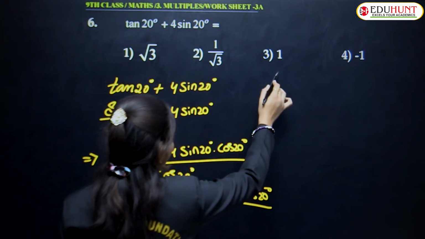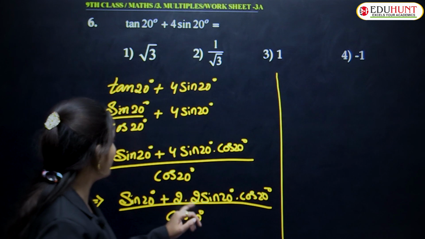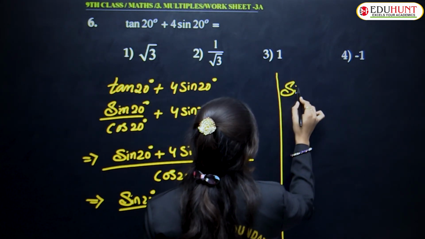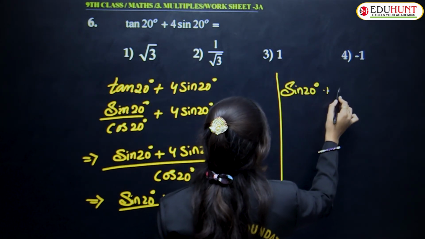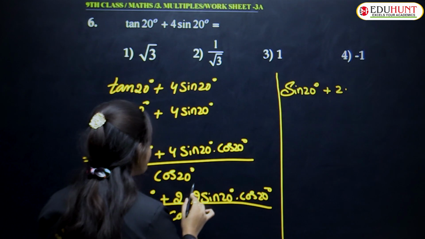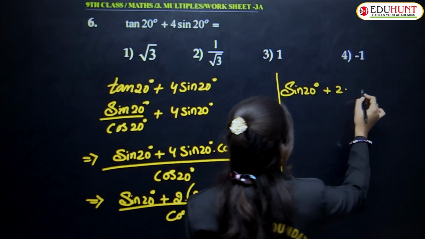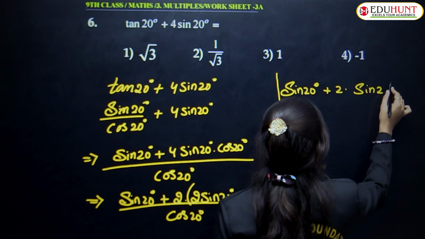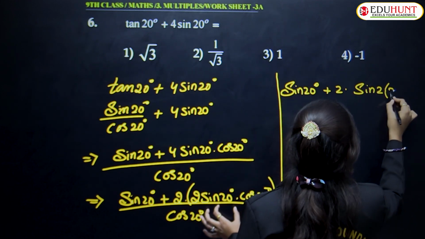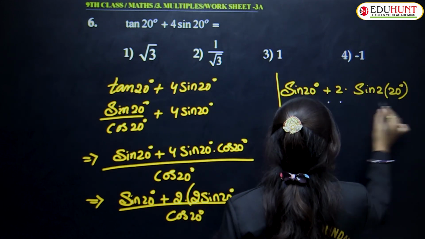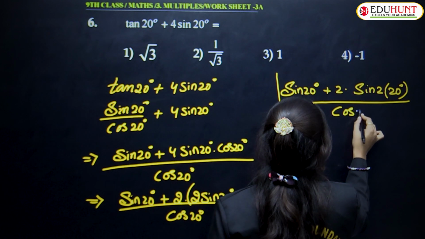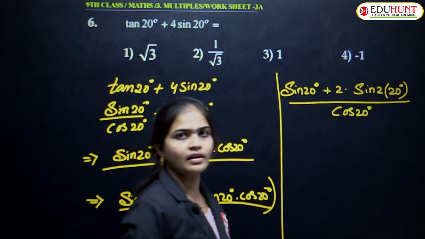Okay, so here sin 20 degrees plus 2 into 2 sin theta cos theta, which is equal to sin 2 theta. So sin 2 theta, in place of theta here 20 is there, whole by cos 20 degrees. Understand?